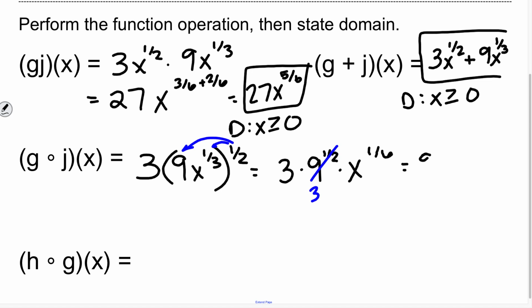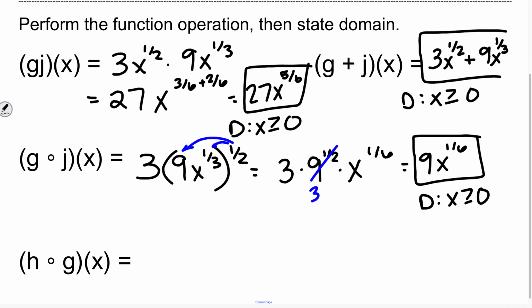So this is really just 9x to the 1/6. Cool. That looks pretty good. And because I have a 6th root, domain is x is greater than or equal to 0. It's an even root. So it just depends on what your functions are made up of, what's going to actually happen with your domain at the end.